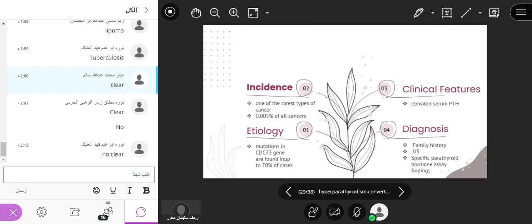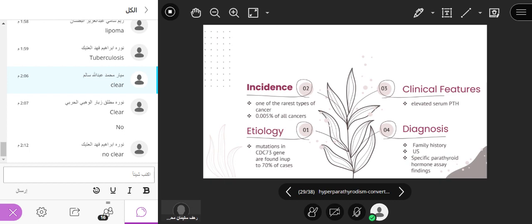Parathyroid cancer. First of all, it's caused by mutation of the CDC73 gene, which is found in about 70% of cases. Do you know what the function of the CDC73 gene is? A tumor suppressor gene. Yes, that's true.